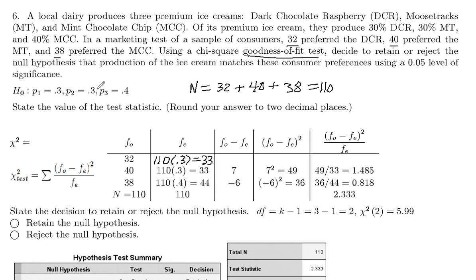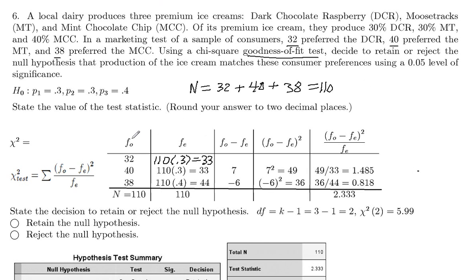The second proportion was 30% for the Moose Tracks, so 110 times 30% is 33, and it was 40% for the mint chocolate chip, so 110 times 40% is 44. And if you add all these up, they add up to 110 there on the bottom. So that bottom row is our sum.